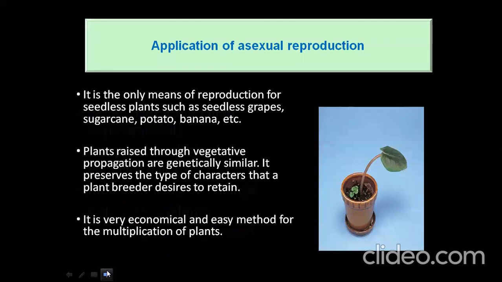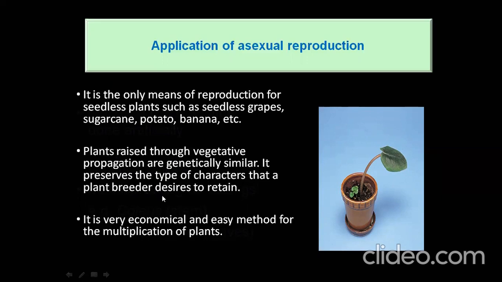Now, applications of asexual reproduction. It is the only means of reproduction for seedless plants such as seedless grapes, sugarcane, potato, and banana. Plants raised through vegetative propagation are genetically similar. It preserves the type of character that a plant breeder desires to retain.